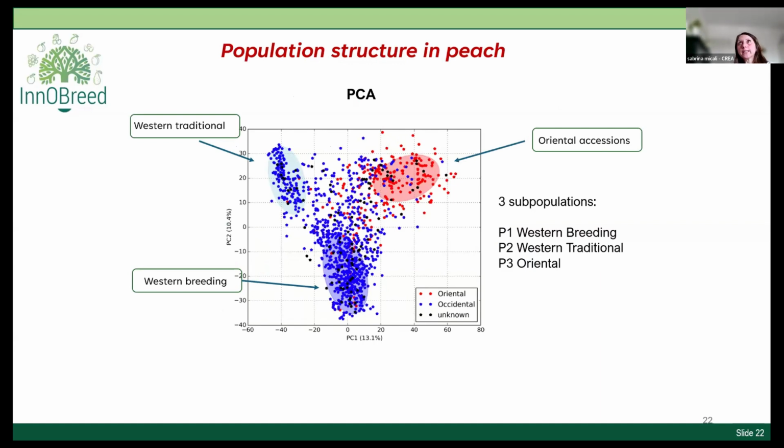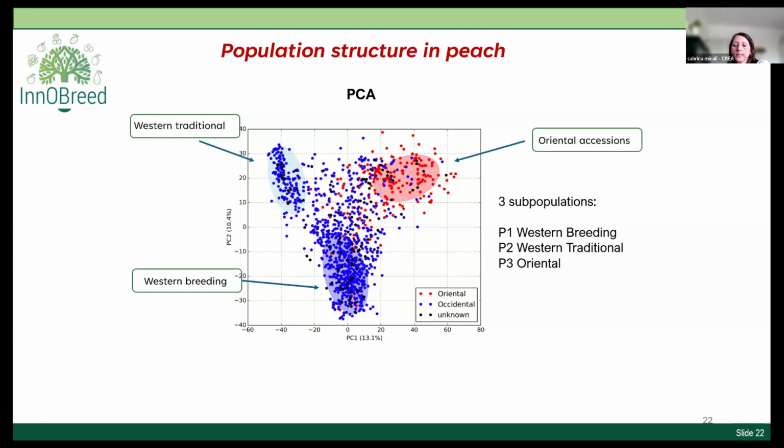To better analyze population structure, we also used a principal component analysis first, which divided our samples in the same three groups highlighted with the colored circles: the Oriental, Western traditional, and Western breeding.